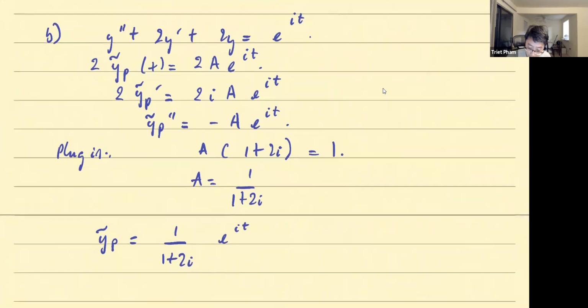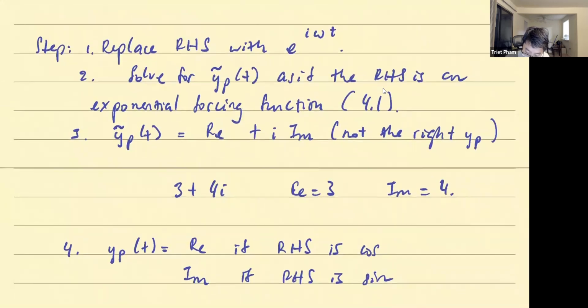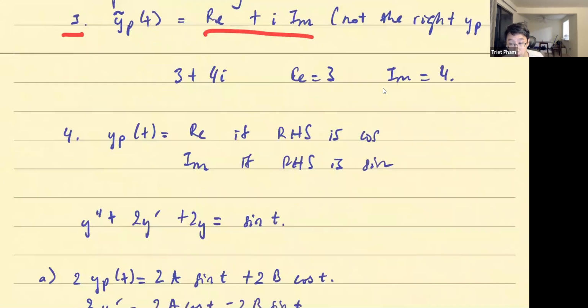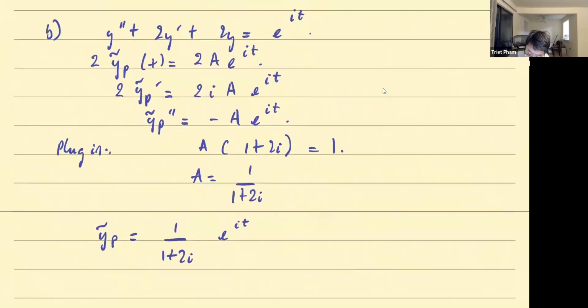Now, your task. So this is step 1 or step 2, I forgot. Step 3 is to decompose it in terms of the real part and the imaginary part. So what that means is you must write the first fraction as something, the second as cosine t plus i sine t. Does anyone know how to convert the first fraction into a plus bi?